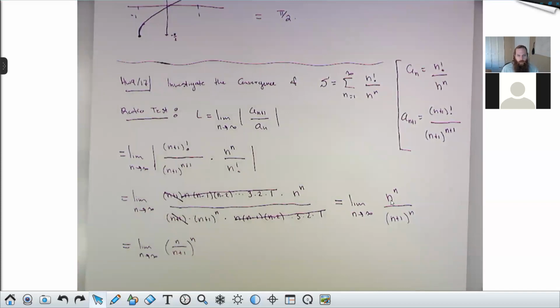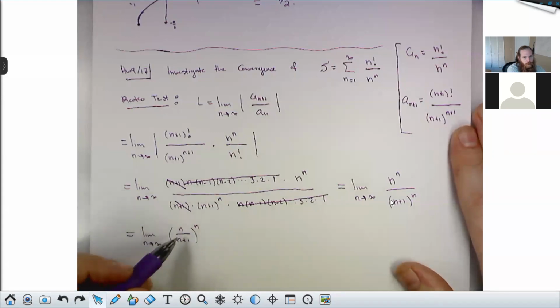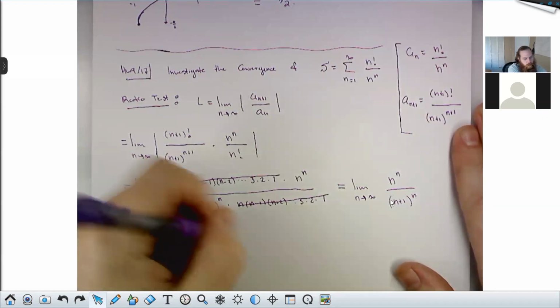The inside is now going to 1, so this is an indeterminate form of the type 1 to the infinity. And you got to think to where else you've seen that. You've seen that today when I described that special e^(ab) limit. So we want to kind of massage this until it looks like (1 + a/n) to the bn power.